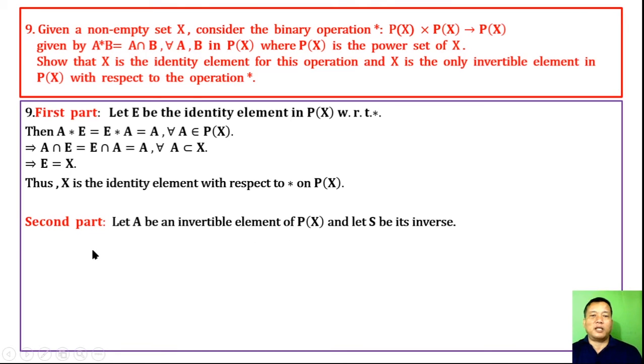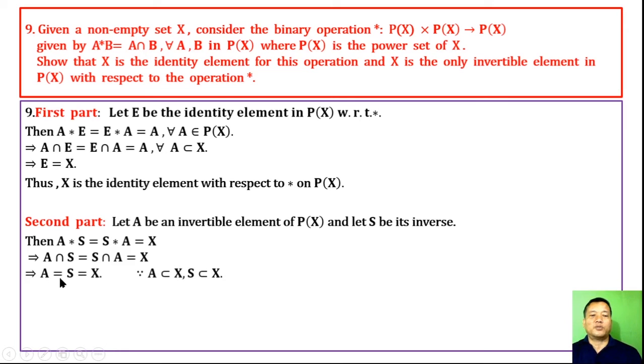By definition of inverse, A asterisk S equals S asterisk A equals E, that is, the identity X. Putting in A asterisk S, the A intersection S equals X, and S asterisk A, S intersection A equals X. Since A intersection S is X, A must be X, because A is a subset of X, and S is also a subset of X. The intersection of any two subsets of X equals X only when both are X.